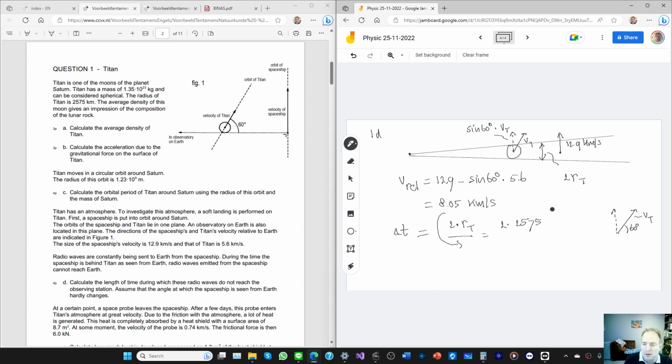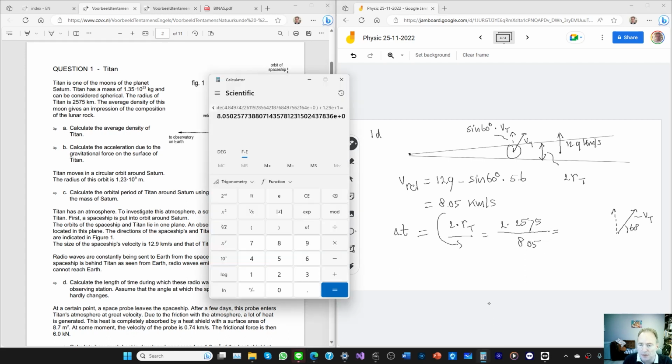So 2 times 2575 divided by 8.05 is 640 times 10 to the power 2 seconds.